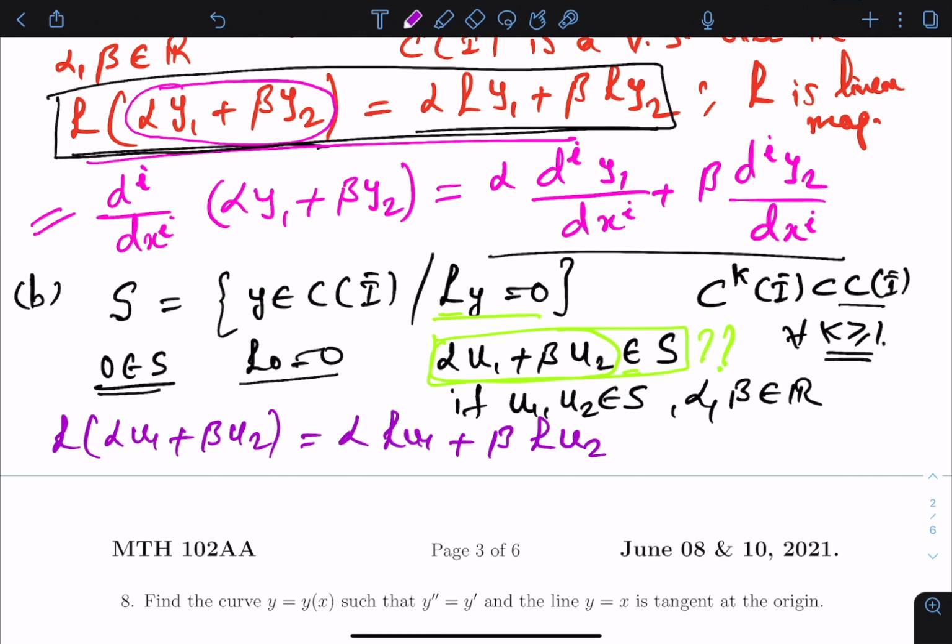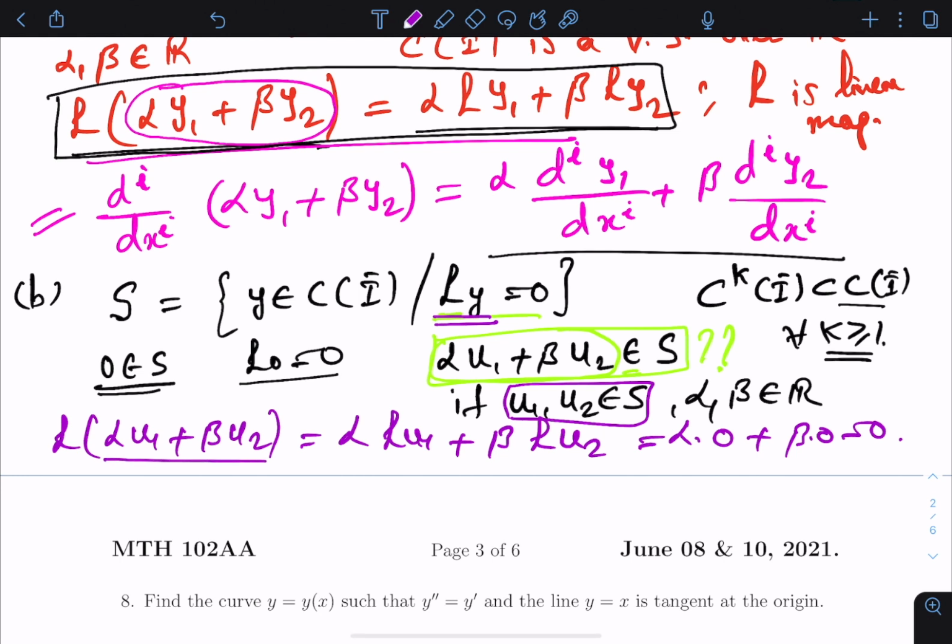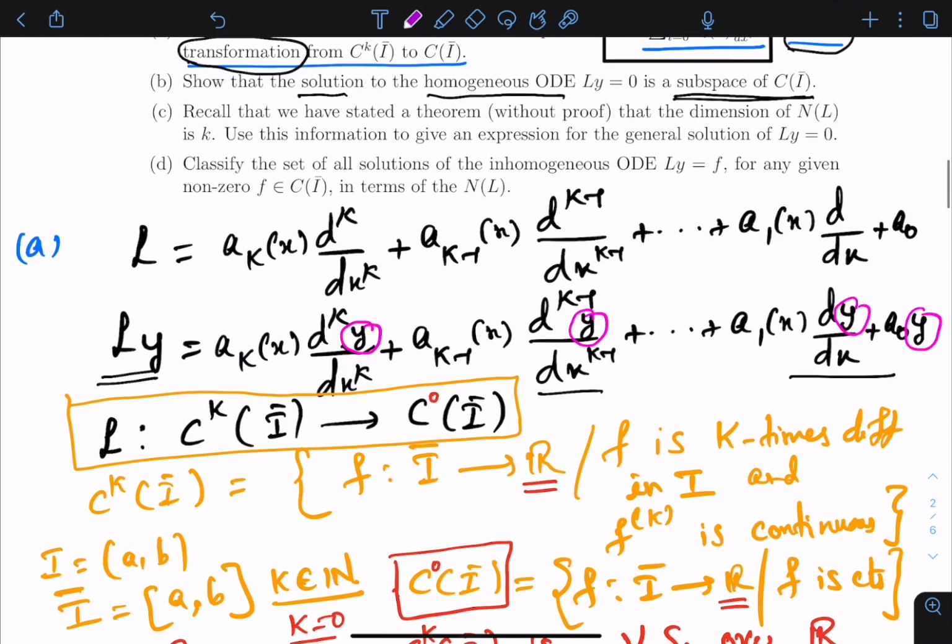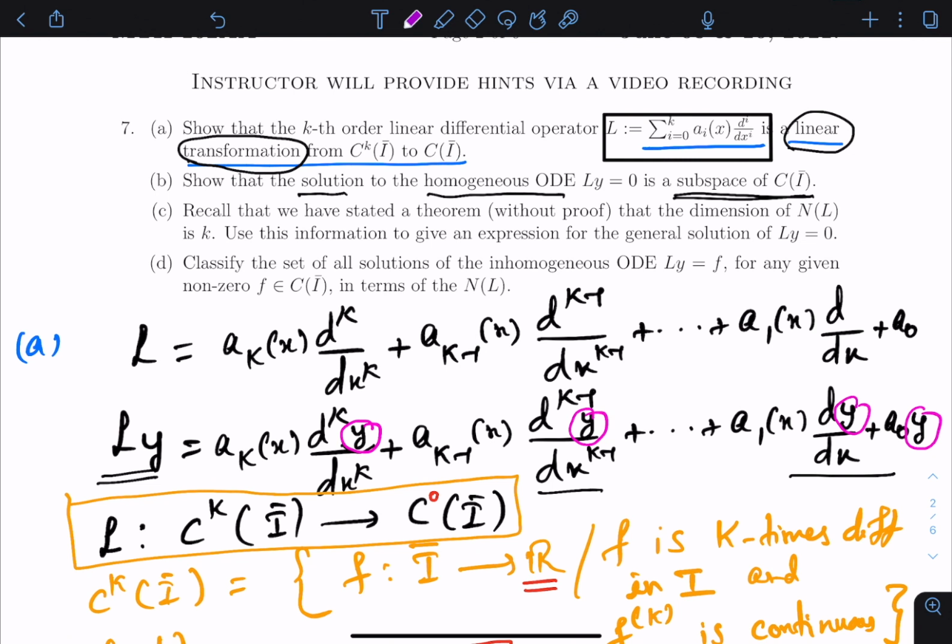But U1 and U2 belong to S, which means L of U1 and L of U2 are 0, which means it's alpha times 0 and beta times 0, which is 0, which means alpha U1 plus beta U2 is a solution, which means it belongs to S, which means S is a vector space over R, because alpha, beta are coming from R. Okay, so the solution space is a vector subspace of the space of all continuous functions. So that's also what we have shown.